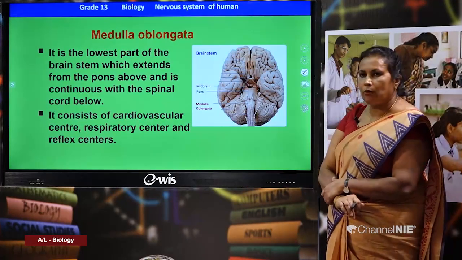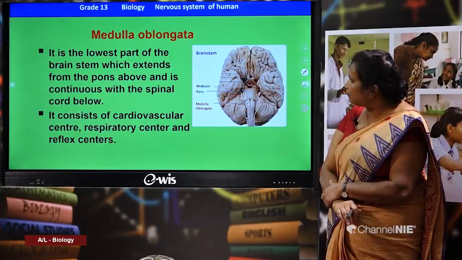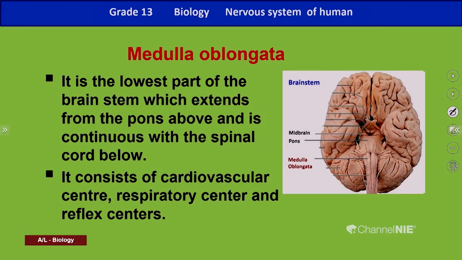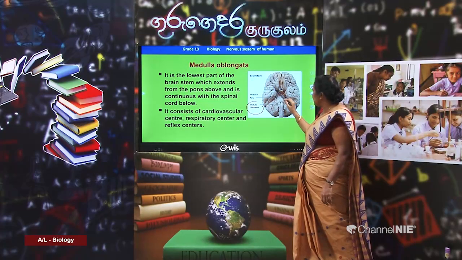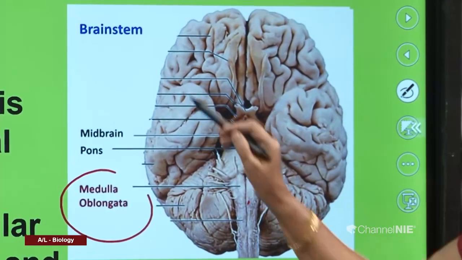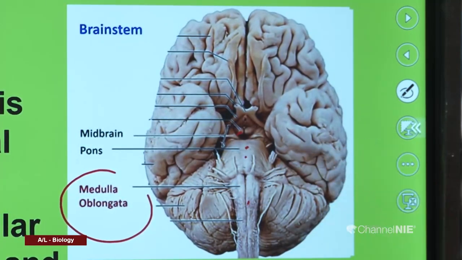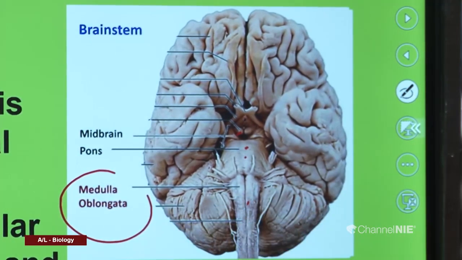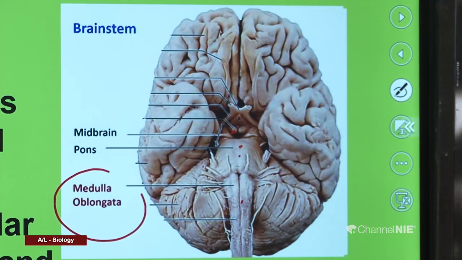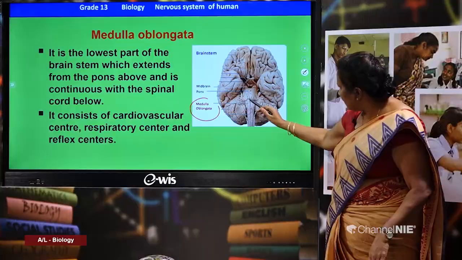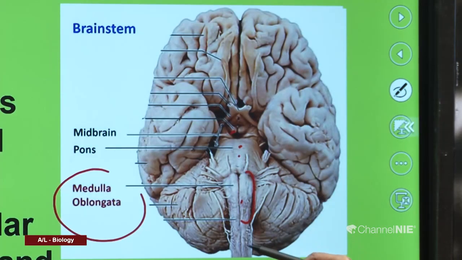Next point, medulla oblongata. You can see here this whole area, midbrain, pons and the medulla. All three together we call the brainstem, but what we are going to study is the medulla oblongata, the rear portion, or the lowest part of the brainstem, which extends with the spinal cord below, understood.